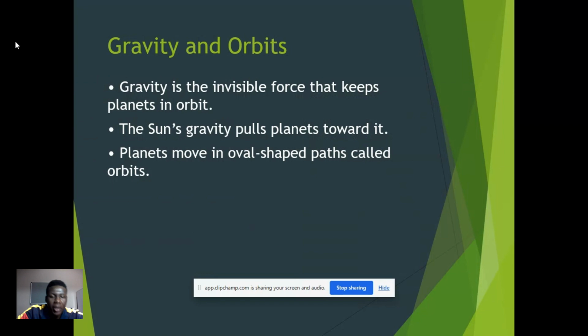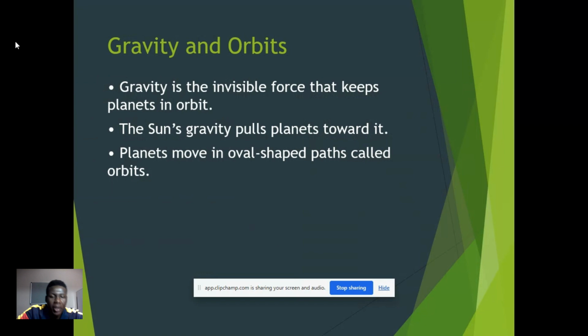Then gravity and orbit. Gravity is an invisible force that keeps planets in orbit. The sun's gravity pulls the planets towards it.